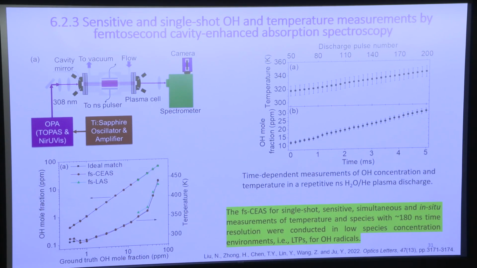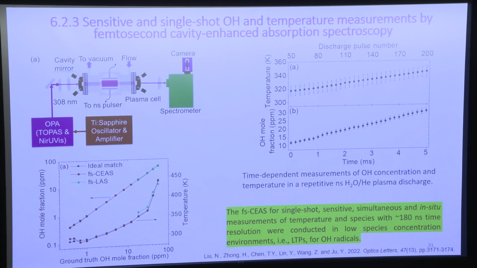So I think that tries to convince you that this kind of femtosecond laser has the advantage compared to the infrared laser. The infrared laser sometimes has a weak signal, and UV absorption sometimes is very strong.